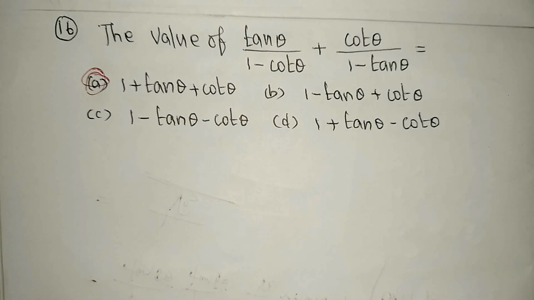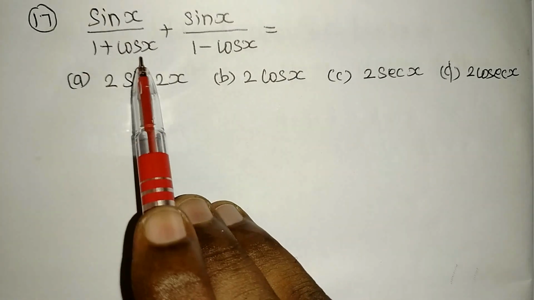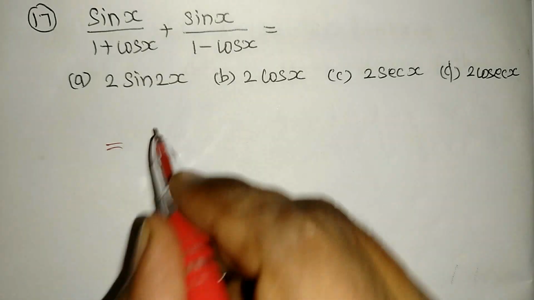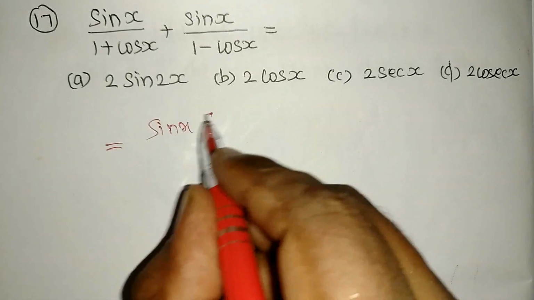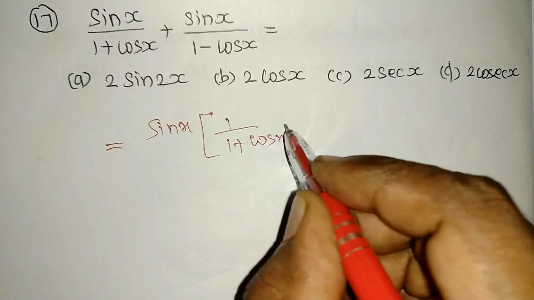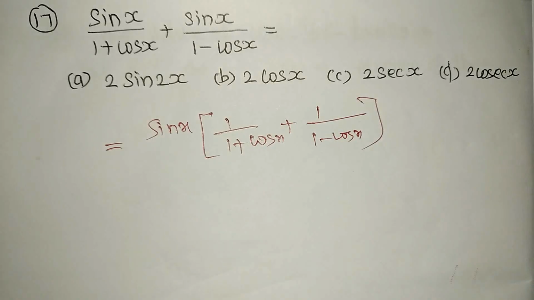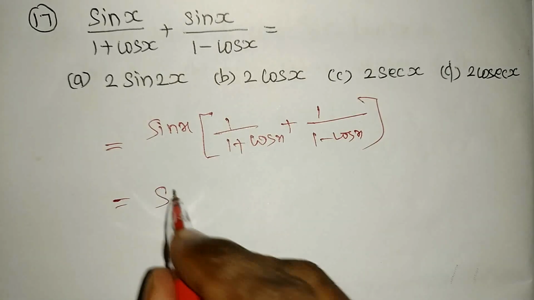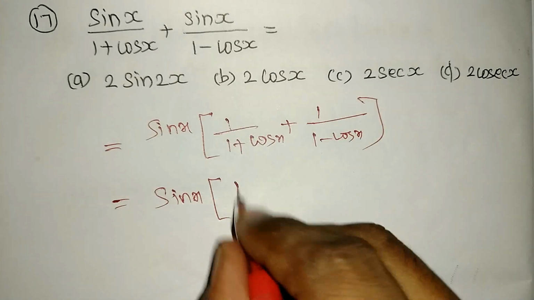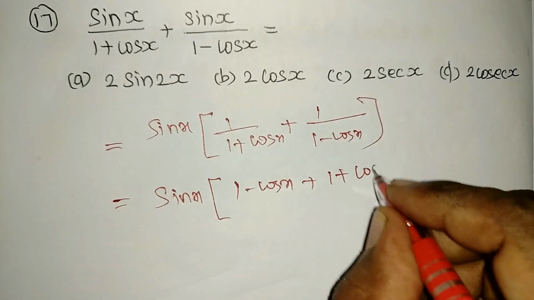Next, the 17th one: sin x divided by 1 plus cos x plus sin x divided by 1 minus cos x. See, in the numerator in both cases sin x is common, so I am taking it common outside. Remaining we have 1 plus cos x plus 1 minus cos x. Now take the cross multiple here. So outside we have sin x. If you take the cross multiple, 1 into 1 minus cos x, the same thing you will get here also.